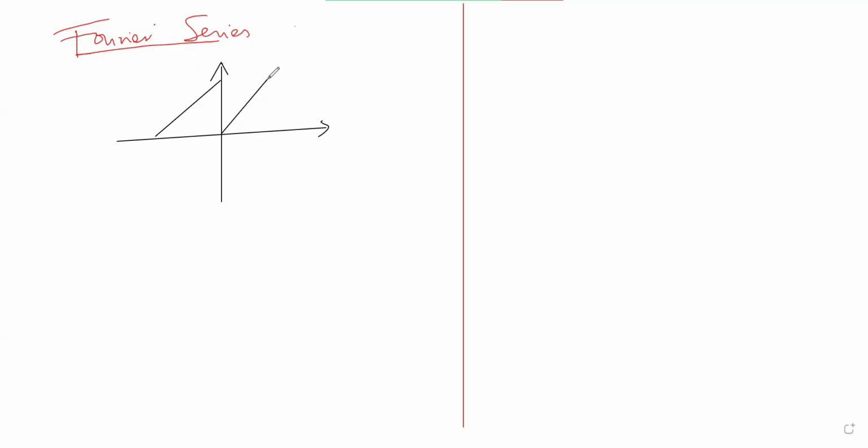So you have negative pi, 0, and pi. So we have t here, and you have f of t. You are supposed to get the analytical description.